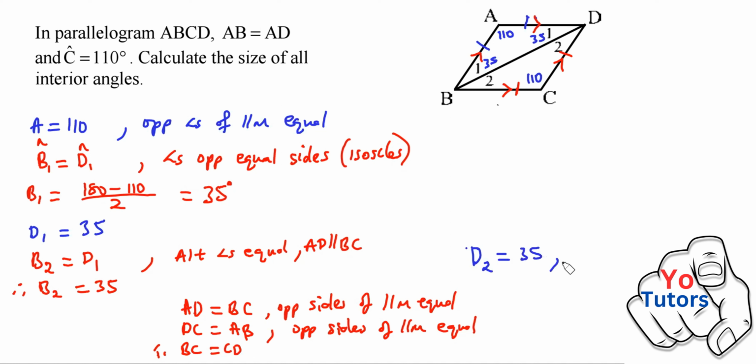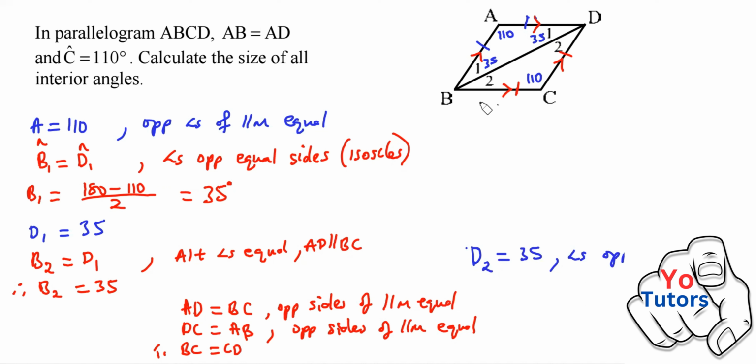35. Why are we saying that? Because these are angles opposite equal sides, because we have proved that this is an isosceles. This side here and this side are equal. That's why we are saying D2 should also be equal to B2.